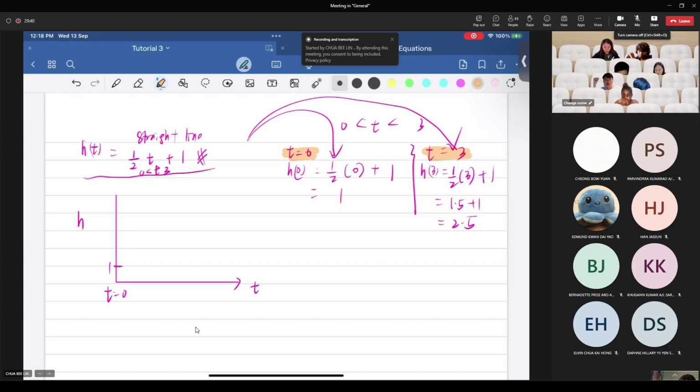So the second point is here, 2.5, from time equal to 0 to 3. So it's a straight line. Done. So this is event A.